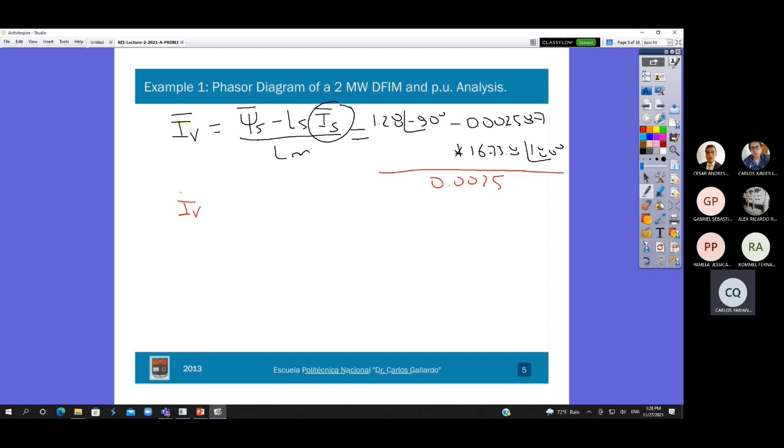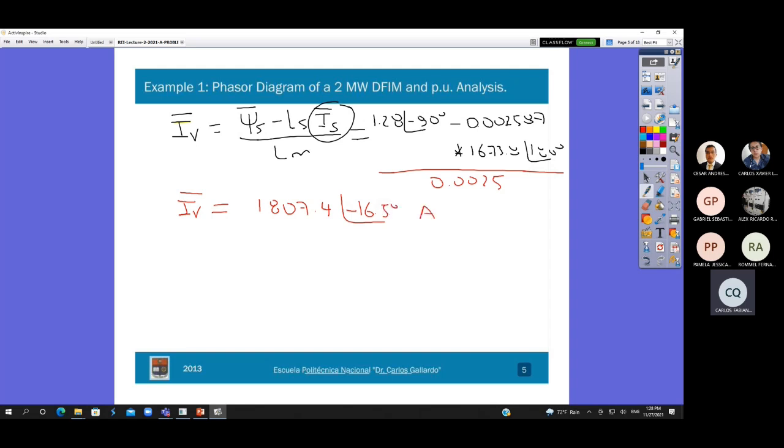Therefore, the rotor current is equal to 1807.4 with negative 16.5 degrees. This is amps.